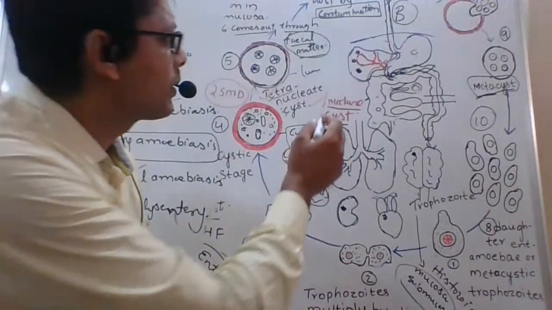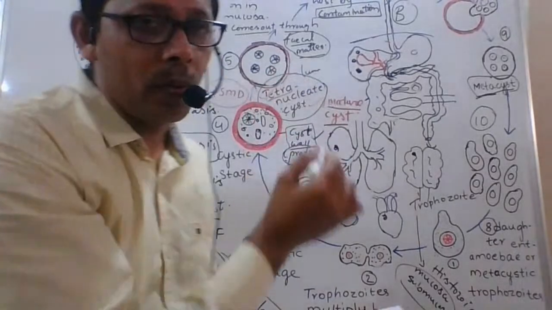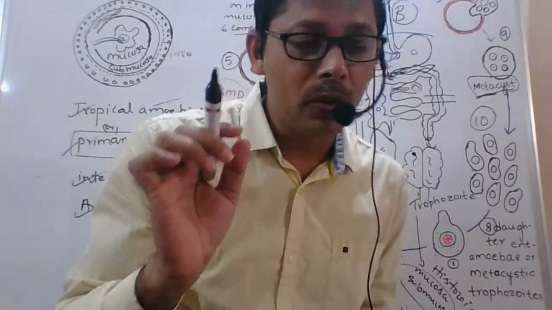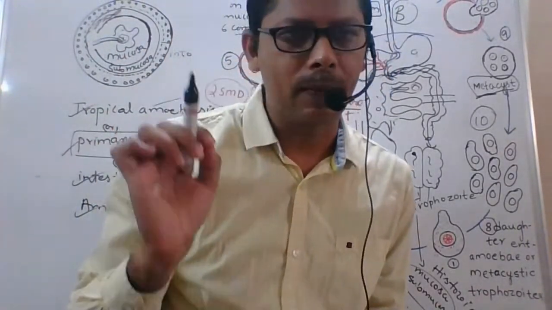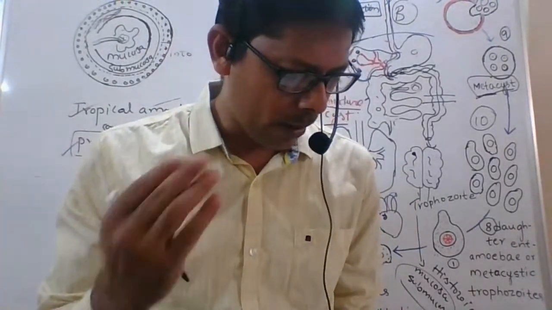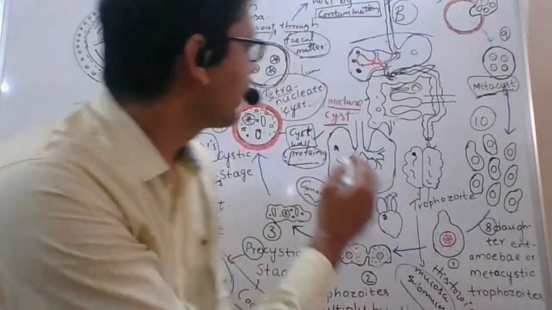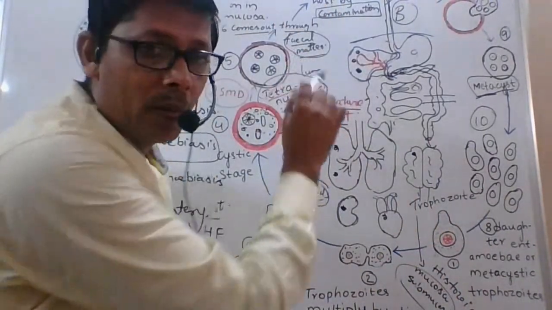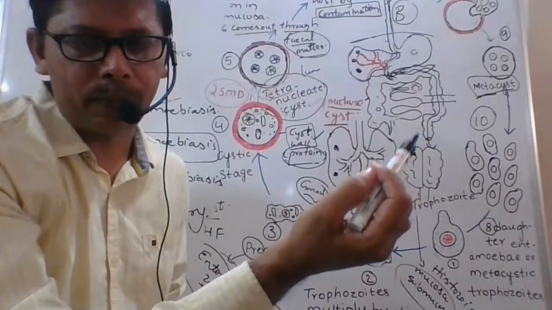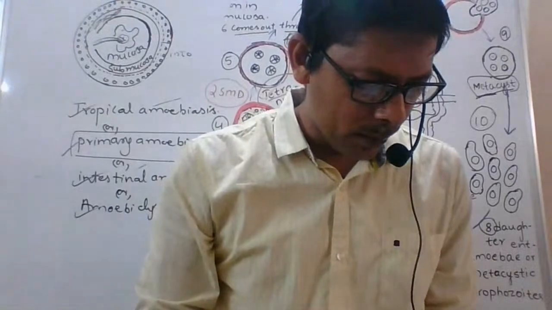The infective stage is this one. The tetranucleate cyst or mature cyst is the infective stage. The answer is 4. The tetranucleate stage leaves the faecal matter and goes to another person. That is the infective stage.